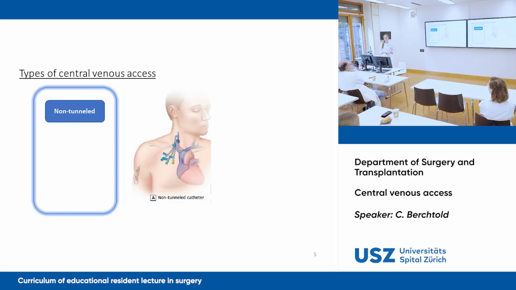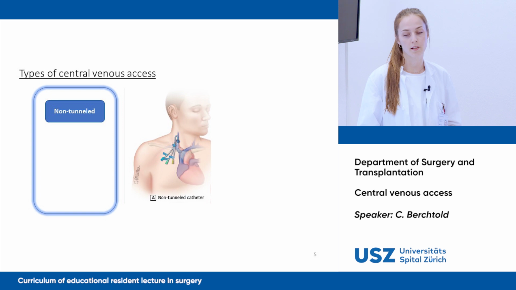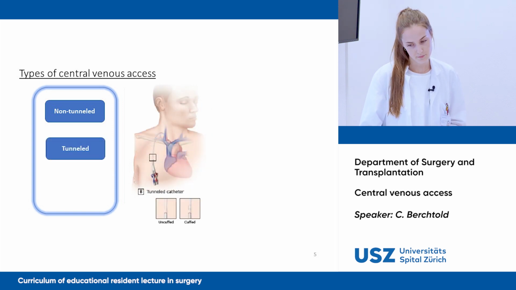These catheters should only be used for temporary access due to increased risk for infection. If you use these for long-term access, you should only use them with a valve mechanism which will prevent the backflow of blood and therefore prevents thrombosis or infection.